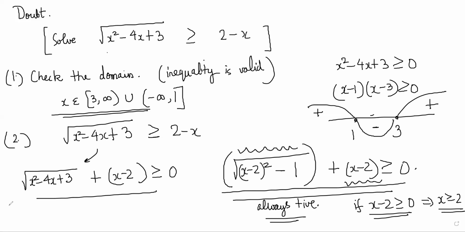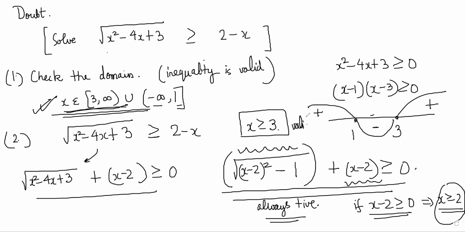Now, our answer cannot be x greater than or equal to 2, because the domain of the inequality was 3 to infinity and minus infinity to 1. So if my answer is x greater than or equal to 2, I should take the intersection of this range with the domain. So I can say that x greater than or equal to 3 should be a valid answer. Why?